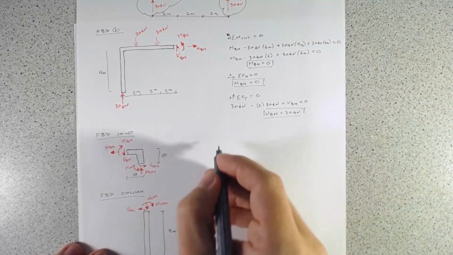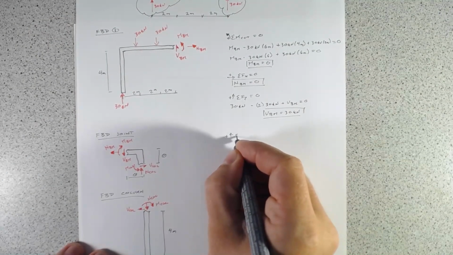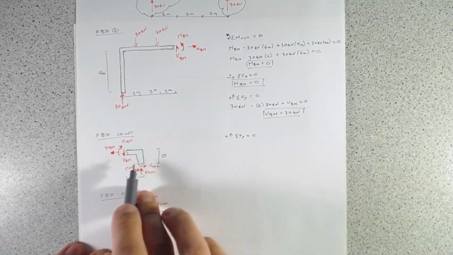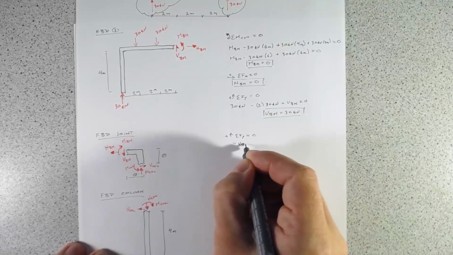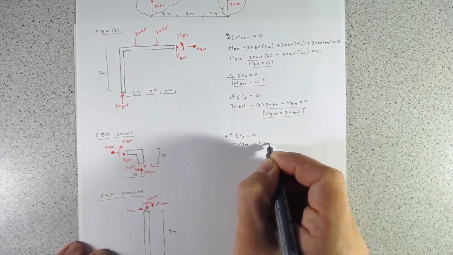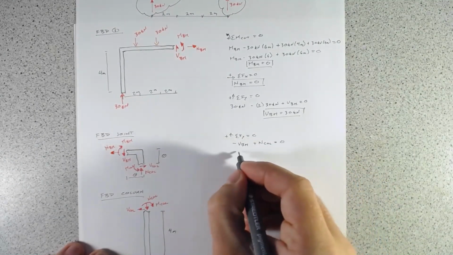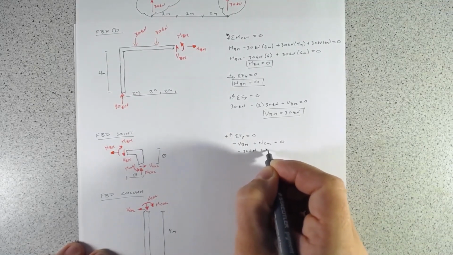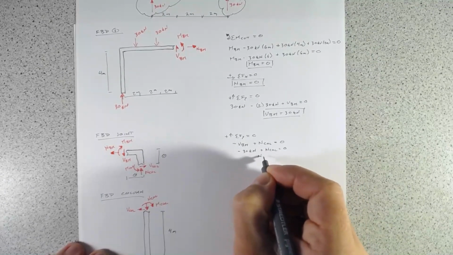So we will start with summing the forces in the y. And we get minus VBM plus the axial load in the column equals 0. And we get minus 30 kilonewtons plus N column equals 0.